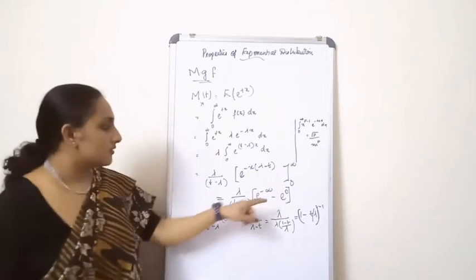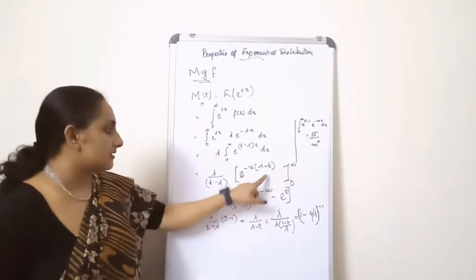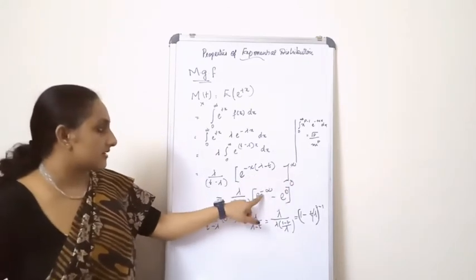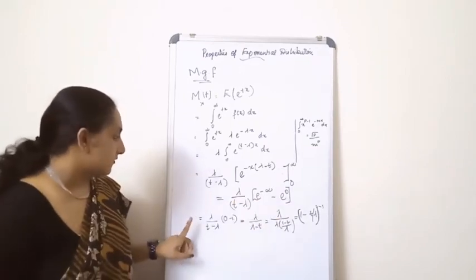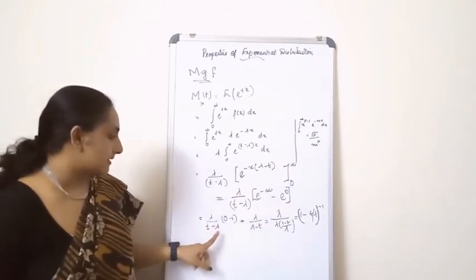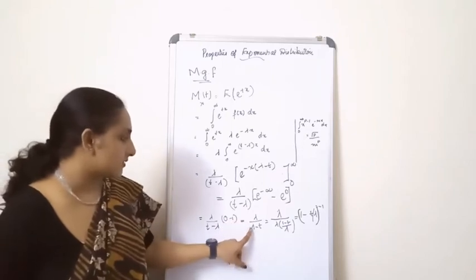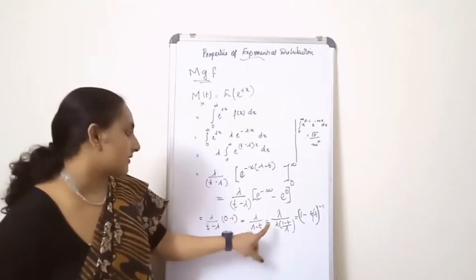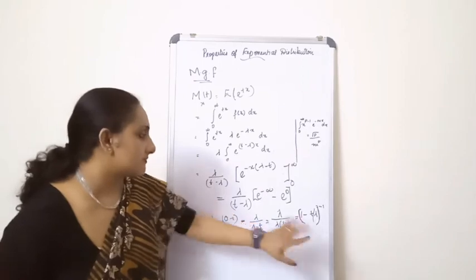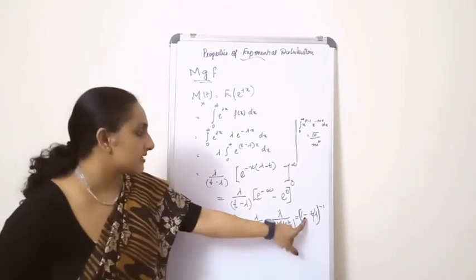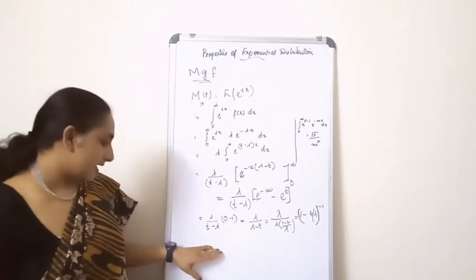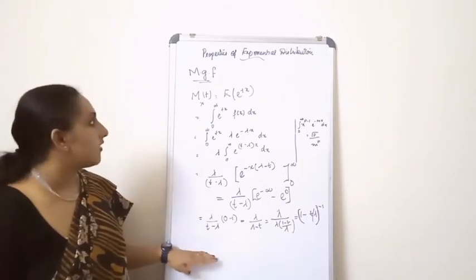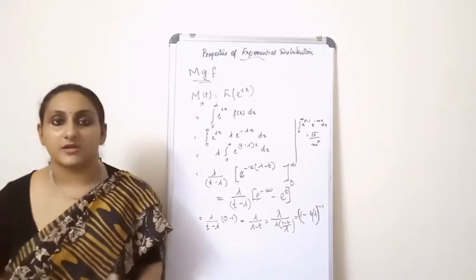So I'm going to apply the limits 0 to infinity, and I get e raised to minus infinity minus e raised to 0, which is equal to lambda by t minus lambda times 0 minus 1, that is equal to lambda by lambda minus t, which is equal to, after a lot of calculations, 1 minus t by lambda the whole raised to minus 1. So this is the MGF of an exponential distribution.